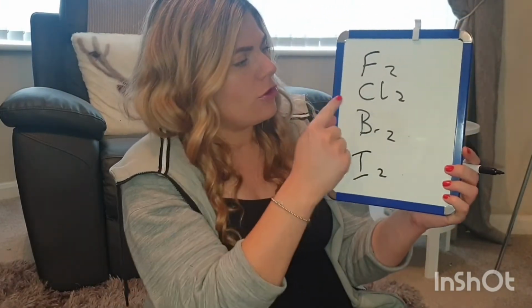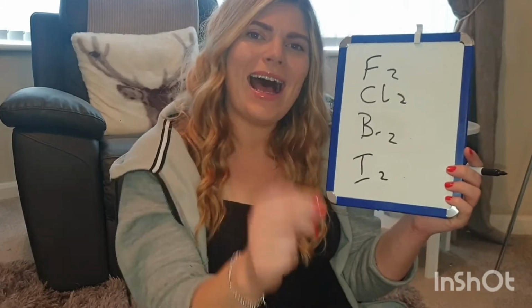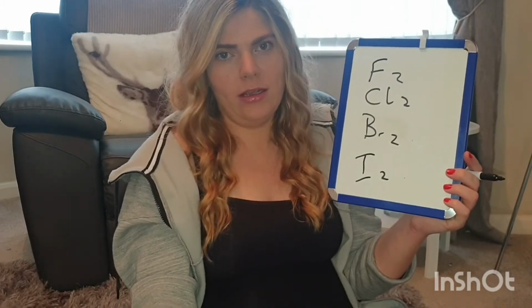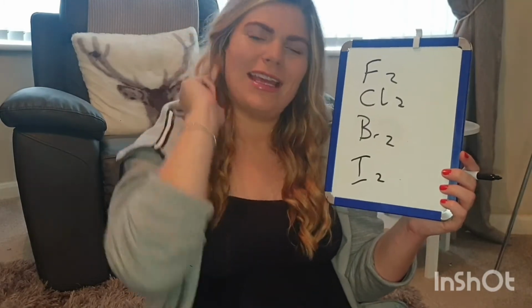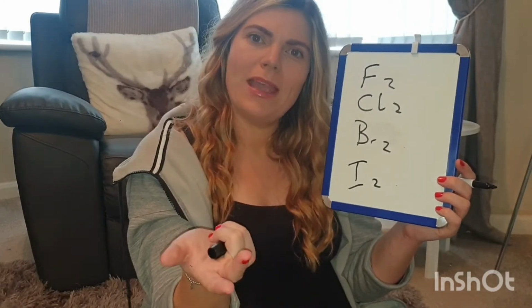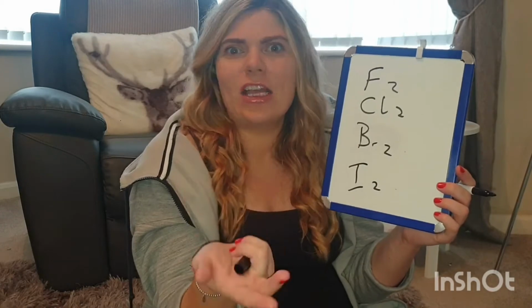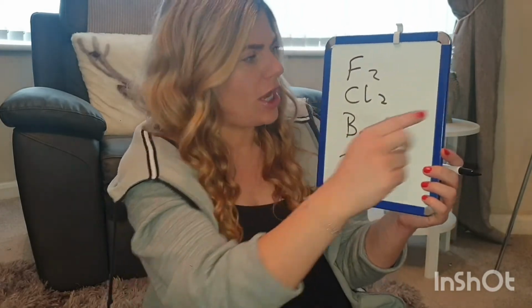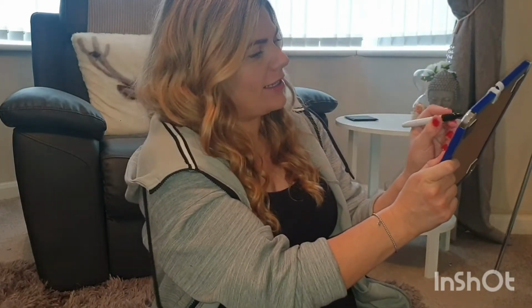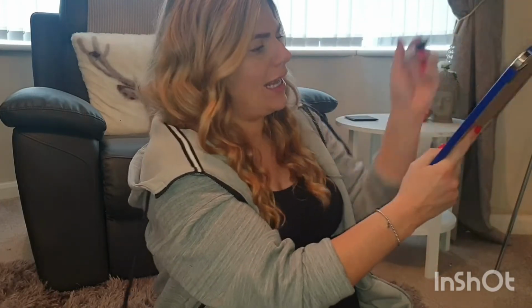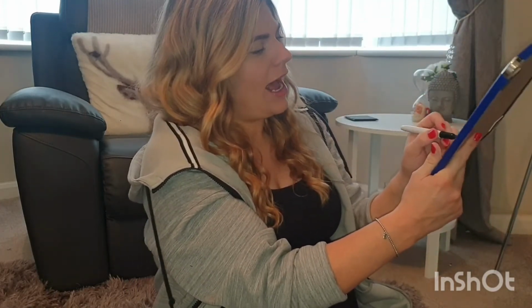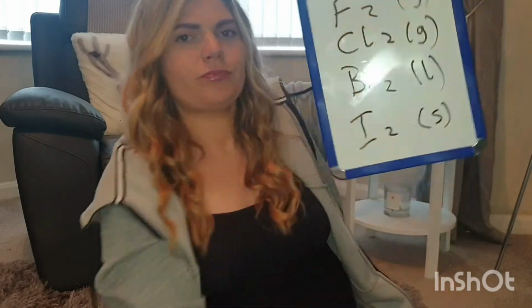But you need to know that fluorine and chlorine are gases at room temperature. Make sure you remember that room temperature, because you can cool things down to make them condense and go into a liquid. But at room temperature, these 2 are gases, the top 2. Bromine is a liquid, which is an L, and iodine is a solid.